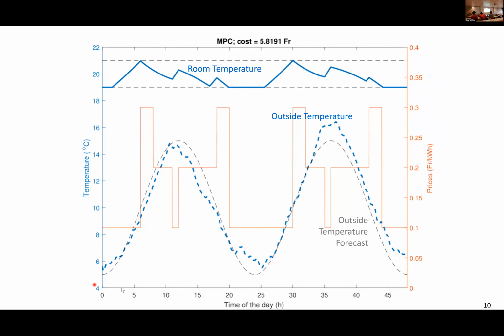I'm showing 2 days. The horizon is 1 day and the simulation is over 2 days. On the y-axis on the right, you have the prices of electricity. So you see that the prices are low during the night, probably because there are a lot of continuous generators, nuclear probably, that continue to run at night when there is not much use of it.